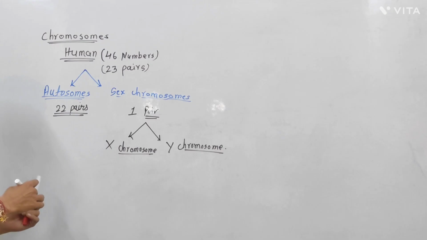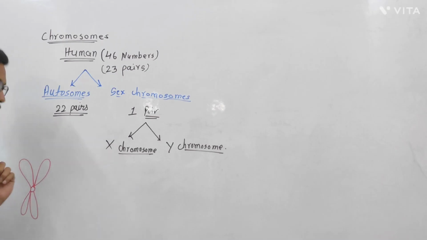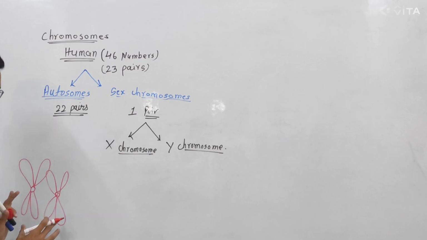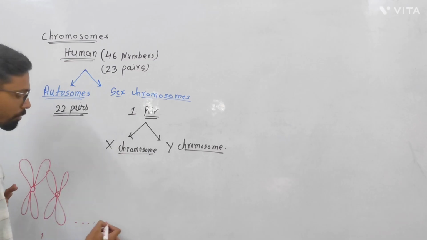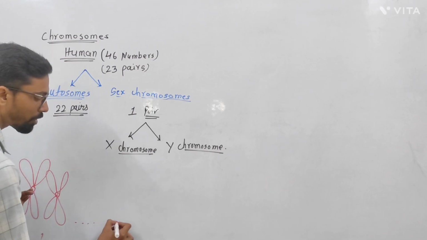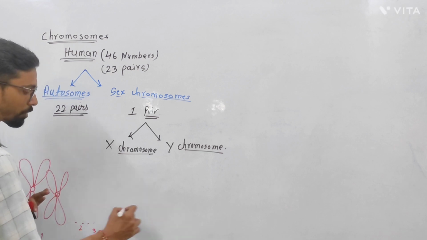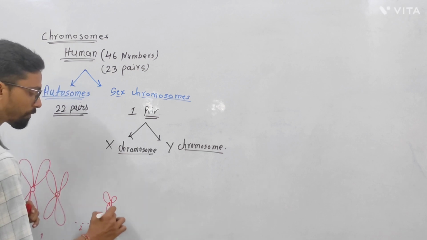Now we all know that chromosomes look like an X-shaped structure which is in a pair. Let's assume we have our first pair of chromosomes. Similarly, we have a second, and up to the 23rd pair, so 23 pairs of chromosomes here.